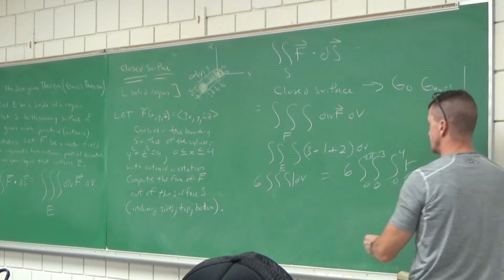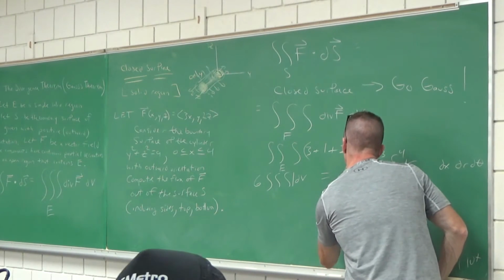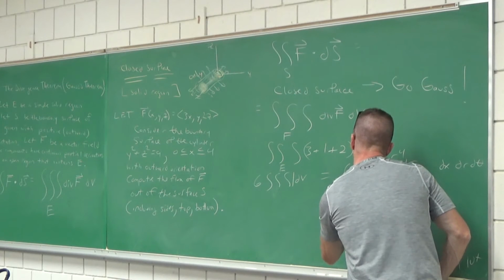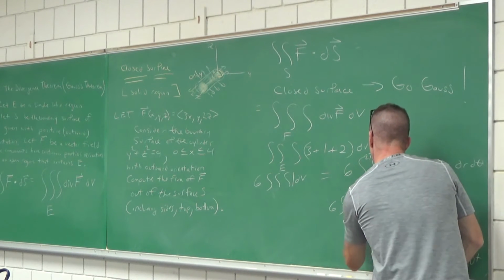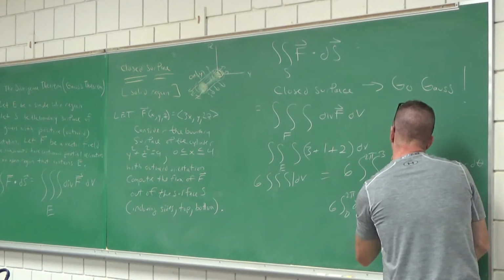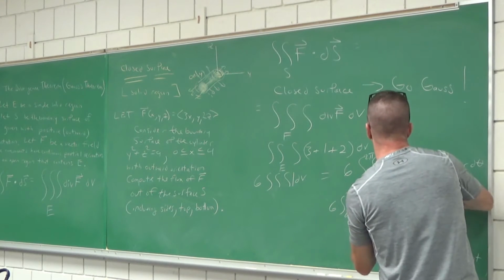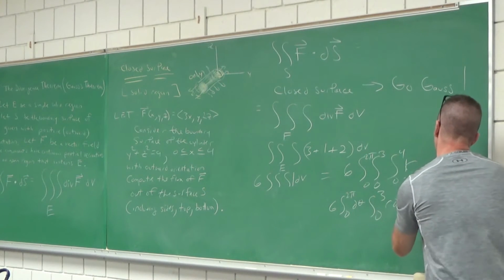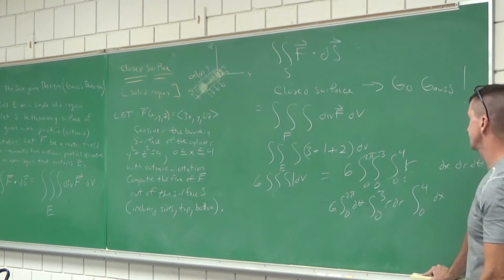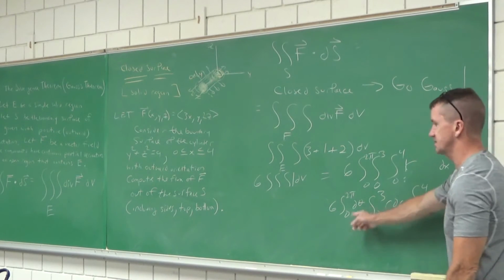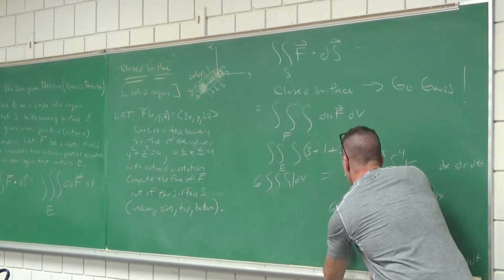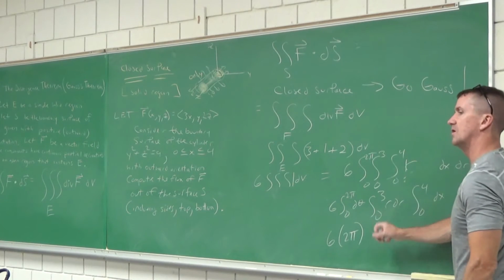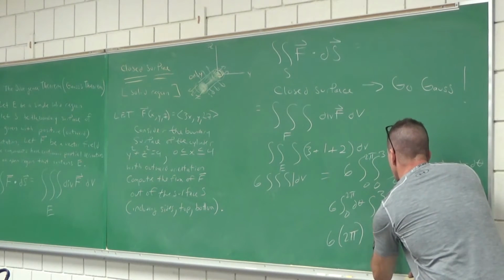Can I break it up? Split it up? Oh, you sure can. 0 to 2 pi d theta. 0 to 3 of r dr. And then you got a 0 to 4 of dx. And we'll get the same answer. That's 6. That's 2 pi. What's the integral of r? r squared over 2.